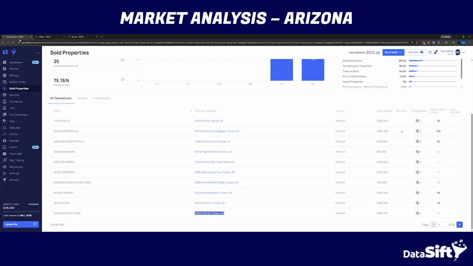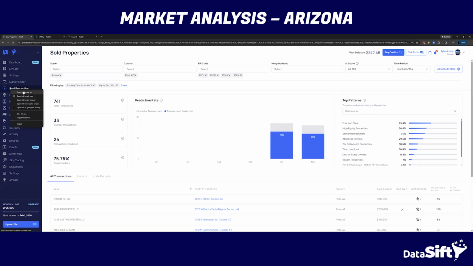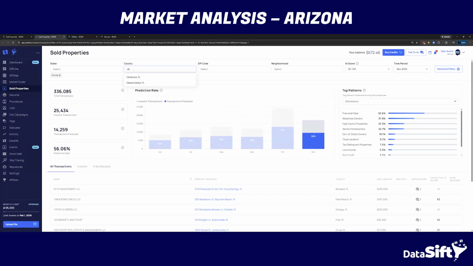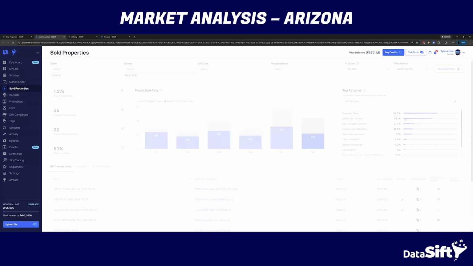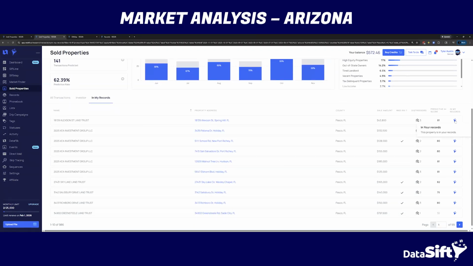But what it will do is, let me show you Pasco, because that's the one that annoys me the most. We'll do Pasco County. Click in my records. You can see all the deals in my account that I was actively marketing to that I lost to other investors that were not me.